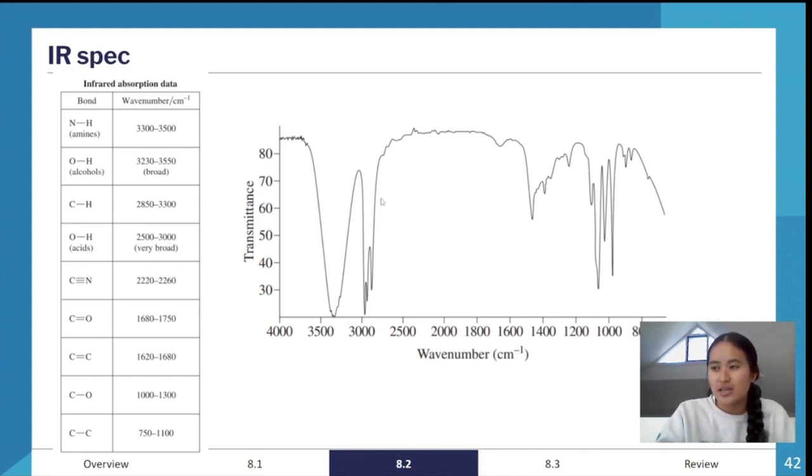Then if we look at the one next to it, around 3000, it's probably going to be a CH bond because it sits in that range. So that means we have an alcohol, just a normal alcohol somewhere. We ignore the fingerprint region because there's no big peak or anything happening on that side.